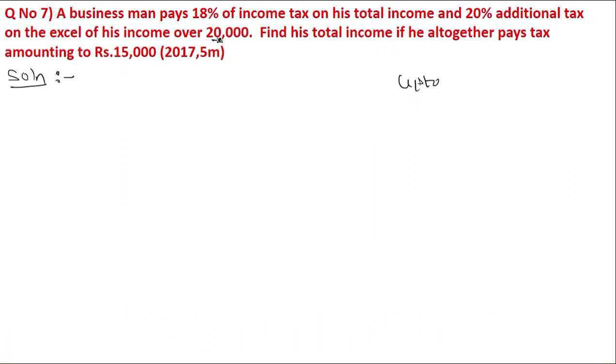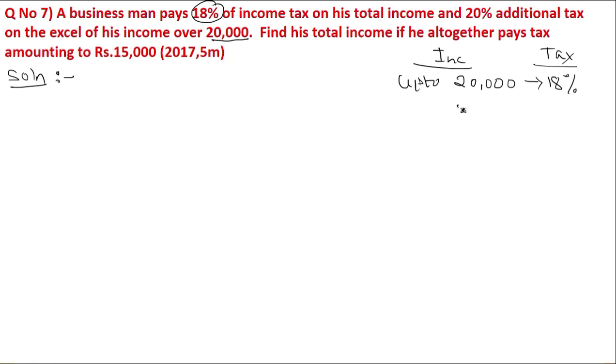What is the amount they have given? 20,000. So if the income is up to 20,000, how much is the tax he pays? He pays 18% tax. Correct? Income up to 20,000, he pays 18% tax.